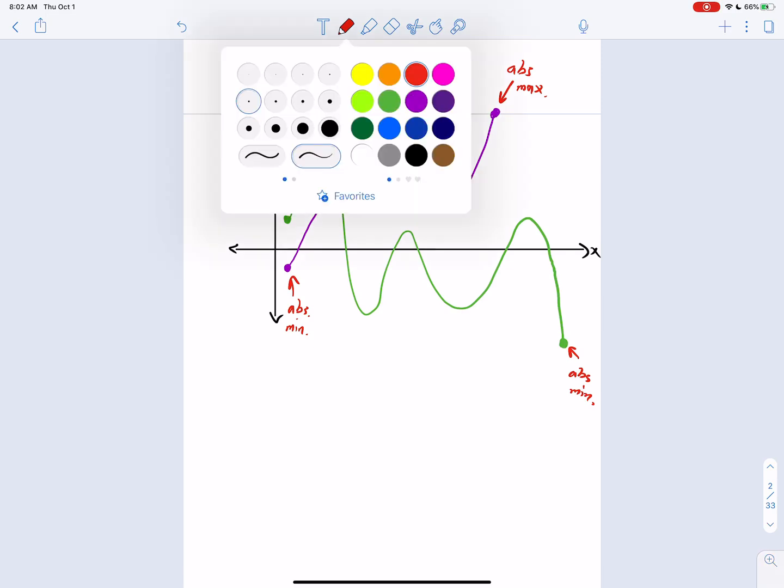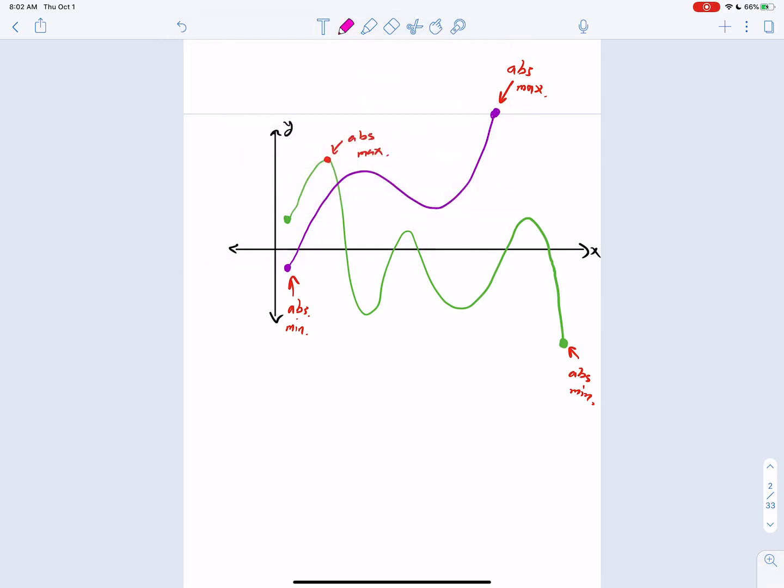Okay. Here's one more, just to make sure that we really get it. I'll use pink here. Okay. Again, you're going to identify the highest and the lowest, aka the absolute max and the absolute min.